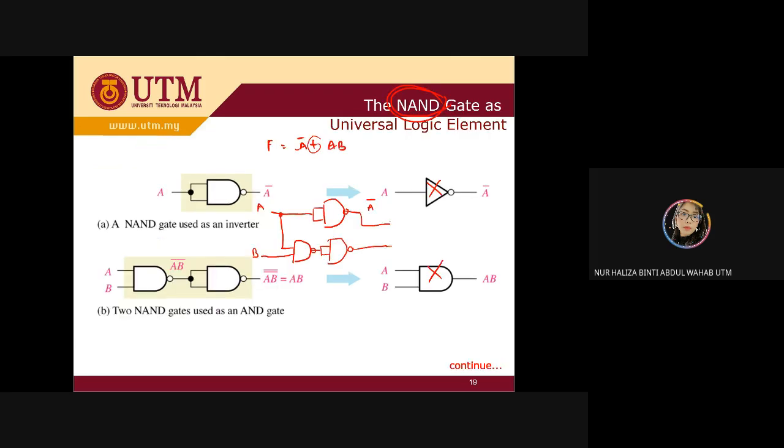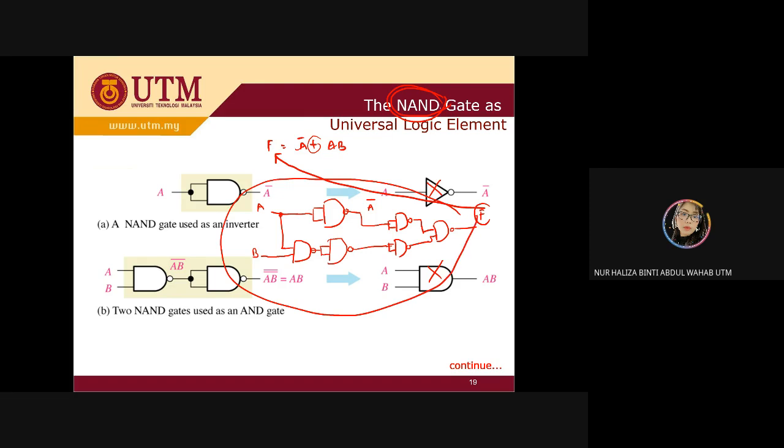You're going to have another NAND gate, another NAND gate. This is your final F there. And you draw it using the NAND gate only. So you can see NAND gate.